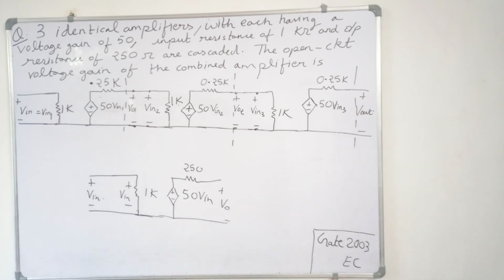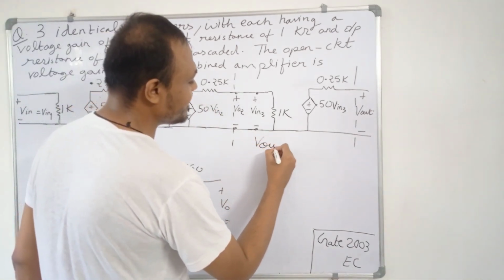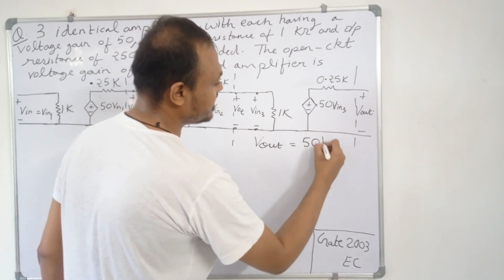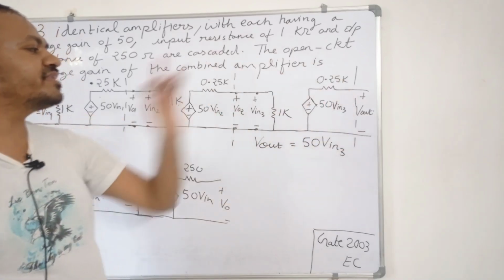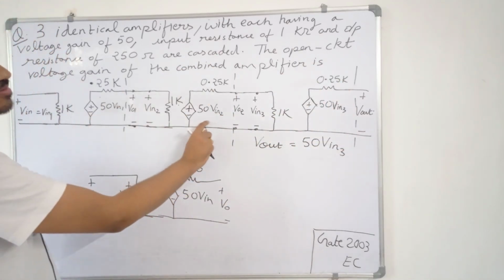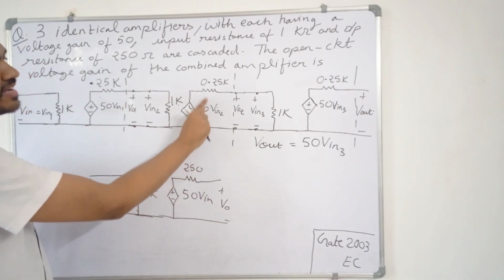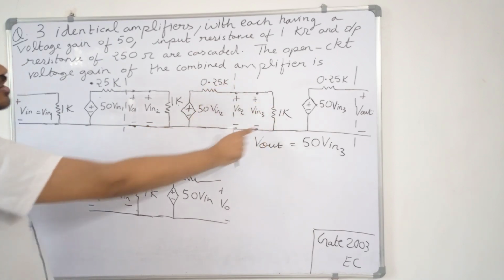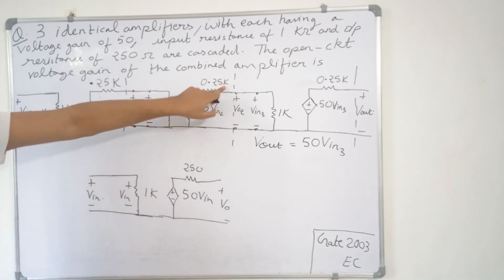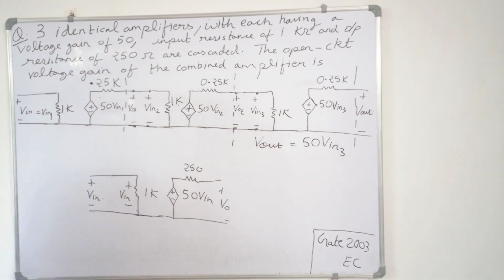If we see the output voltage, Vout equals 50 Vin3. But now we will find the value of this Vin3. The voltage 50 Vin2 is getting divided across the 0.25 kilo ohm resistance, which is the output resistance of the second amplifier, and the 1 kilo ohm resistance, which is the input resistance of the third amplifier.